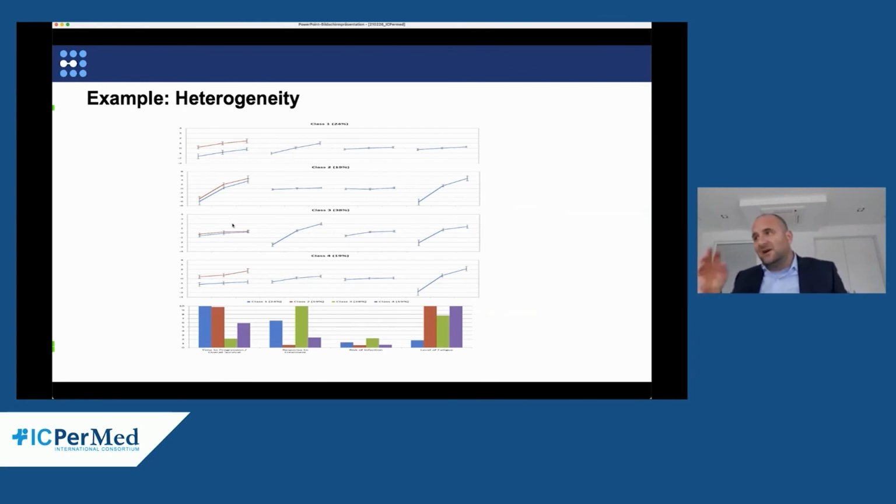Here, just a very short glimpse. That's the same data, and I don't want to convince you that the data is right. I want to show you what you can do. It shows you 4 classes of patients. And you can see that what I showed you at the beginning, that progression-free survival is important, independent of the impact on overall survival, is only true for a small group.